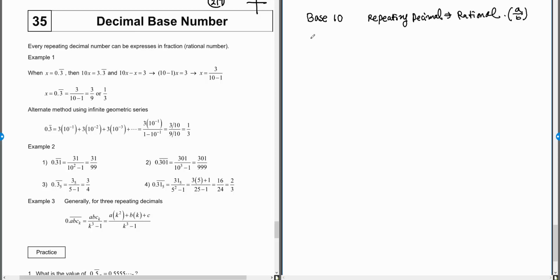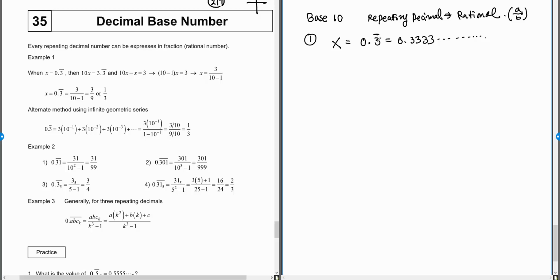For example, first one is 0.3 repeating. This is actually 0.3333, keep going forever. Now to find the fraction of this repeating decimal, the class method is what?